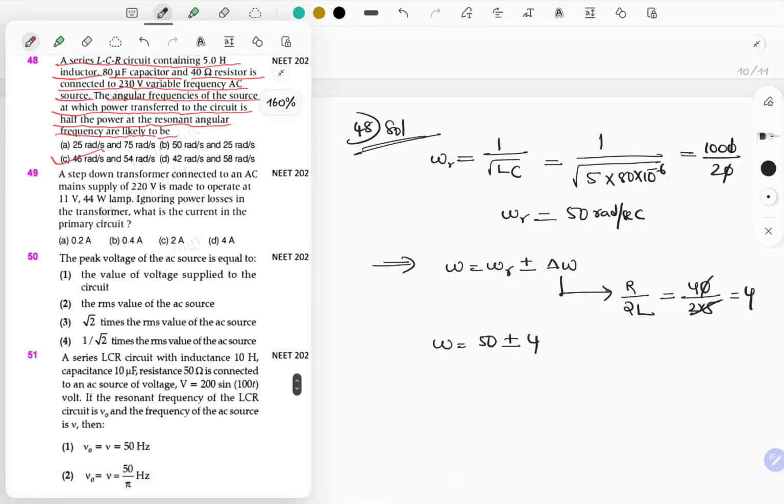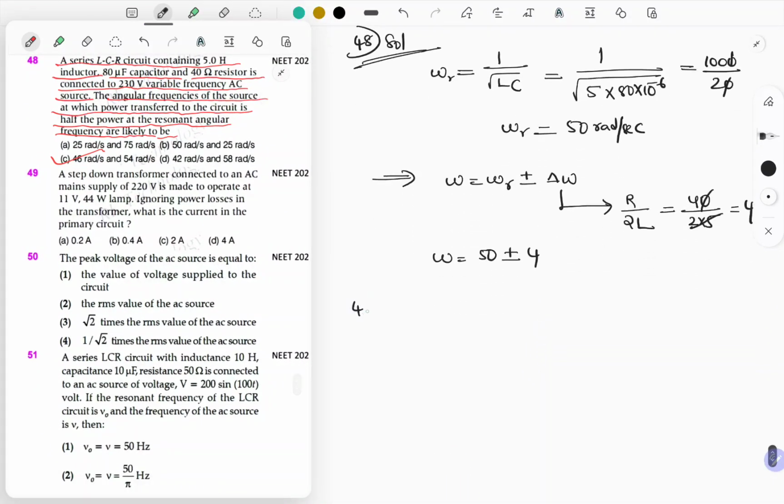Okay. Next question is based on transformer, 49. A step-down transformer connected to an AC mains supply of 220 volts, that is V1 is equal to 220 volts, is made to operate at 11 volt, V2 is equal to 11 volt, and P2 is equal to 44 watts.